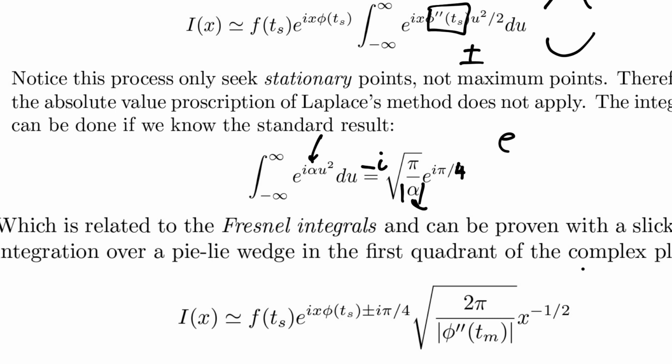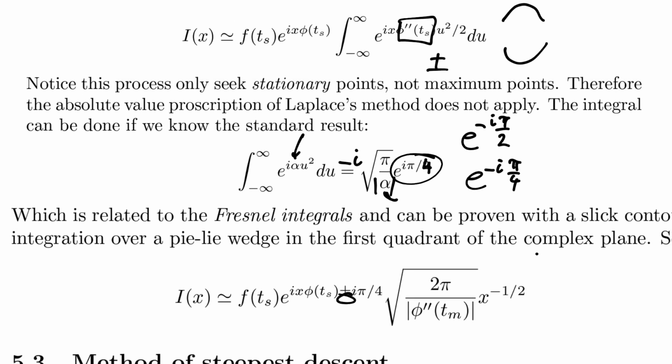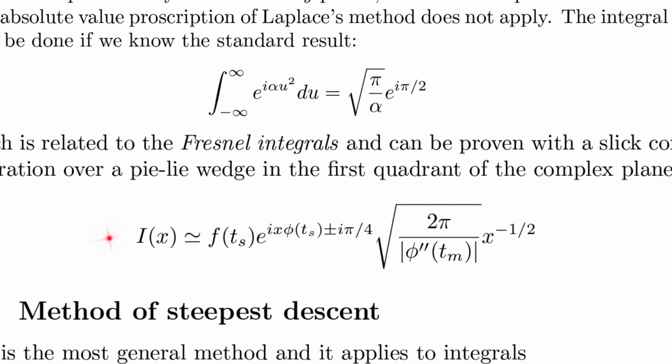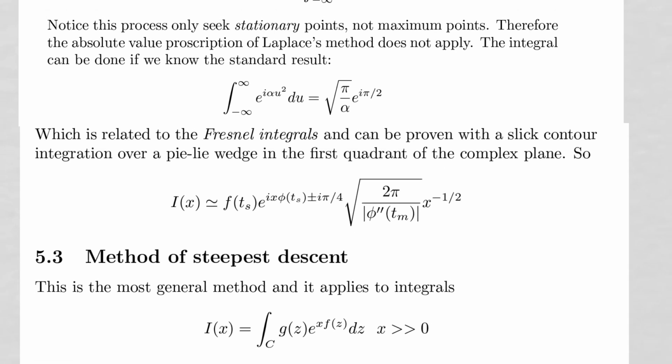But minus I is e to the minus I pi over 2. And then you multiply that by e to the I pi over 4, and you get e to the minus I pi over 4. And that would be the minus sign. So the plus or minus really depends on whether the second derivative here is positive or negative. So that is the method of stationary phase.